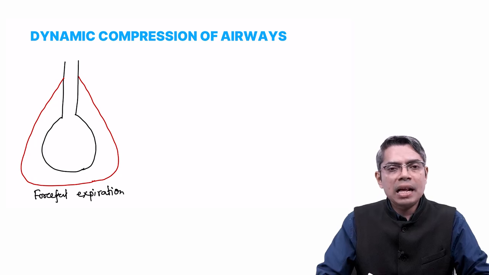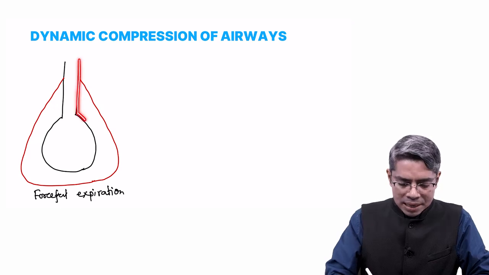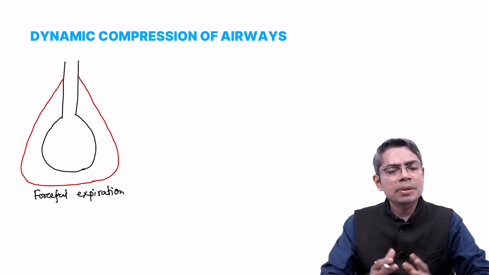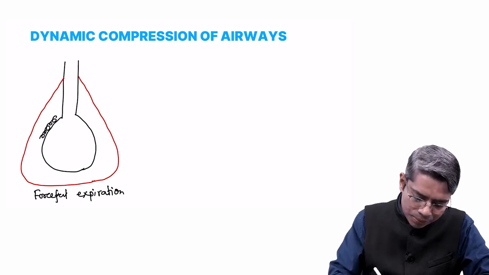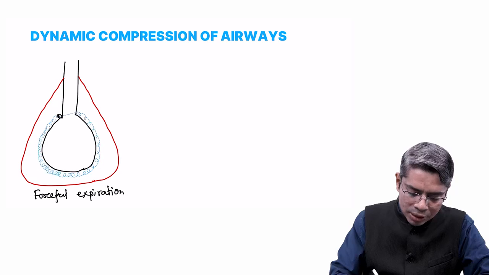Suppose I have taken a deep inspiration, so my alveoli are fully expanded. Now, after the end of deep inspiration, what happens? Because the alveoli are fully expanded, the elastic tissue surrounding these alveoli will now try to recoil back.